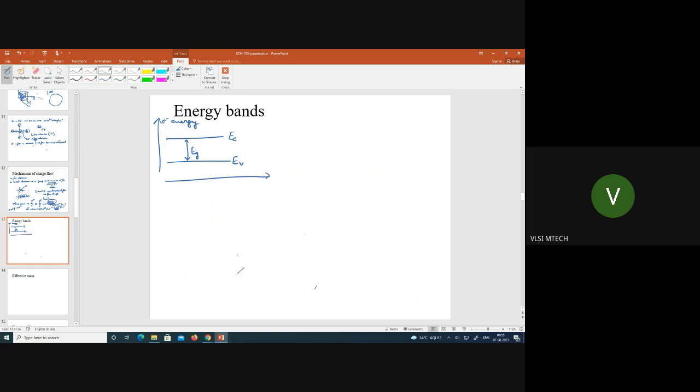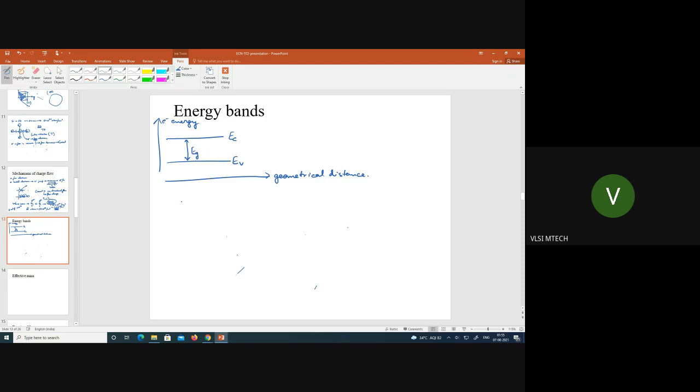This direction is usually the geometrical distance. Right, so this is conduction band, valence band, band gap, and all of that. Okay, and we say that free electrons are in the conduction band, the holes are in the valence band, and all of that stuff.